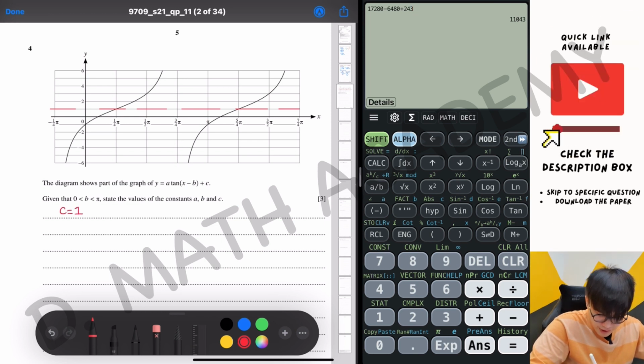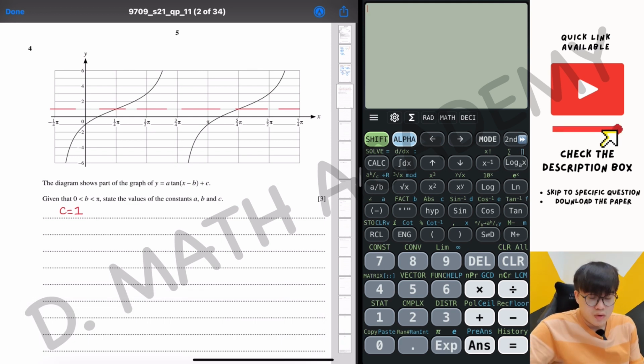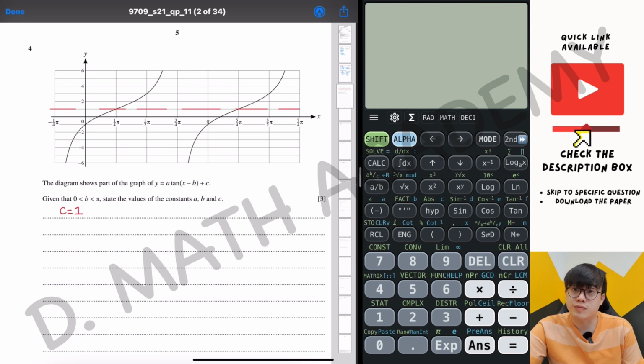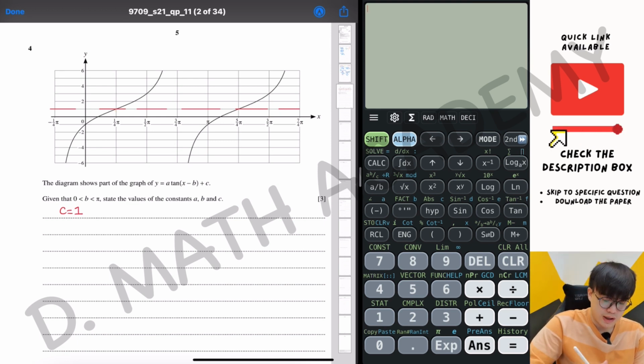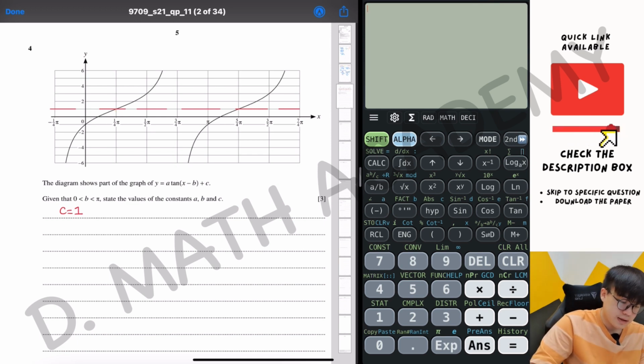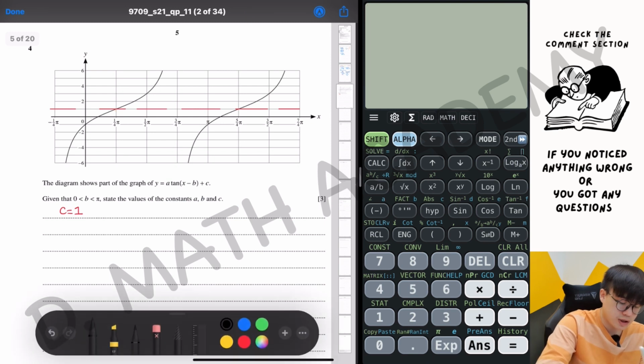So the first result that I identified was actually for the C. Once we identified C, the next thing that we're going to do will be the B over there. The x minus B actually represents whether the graph was being shifted to the left or right. Clearly the graph was being shifted to the right hand side. By how much? You can identify it by looking over here.